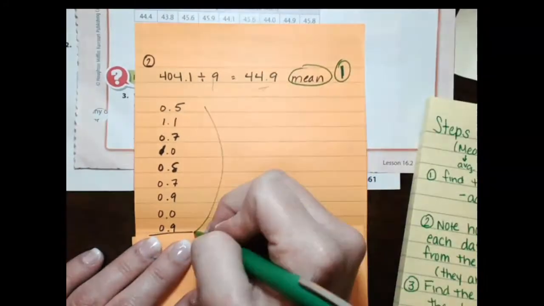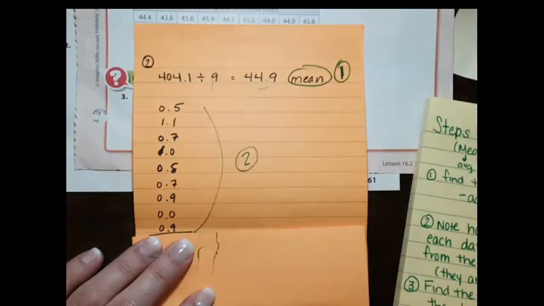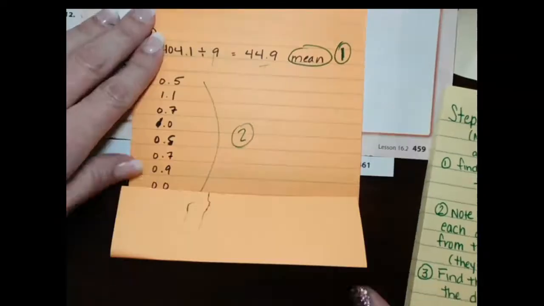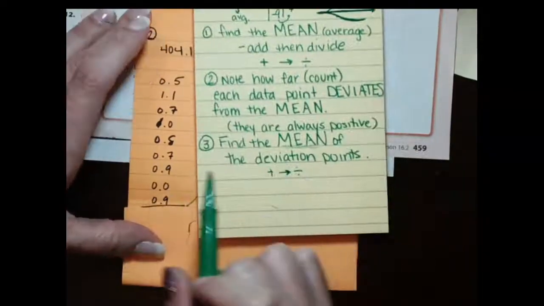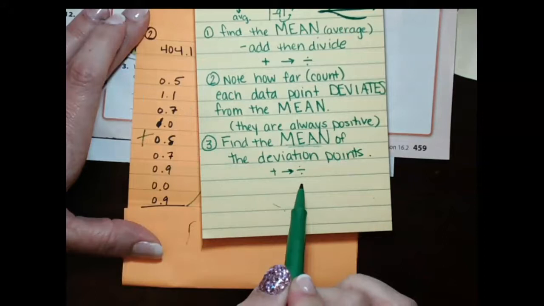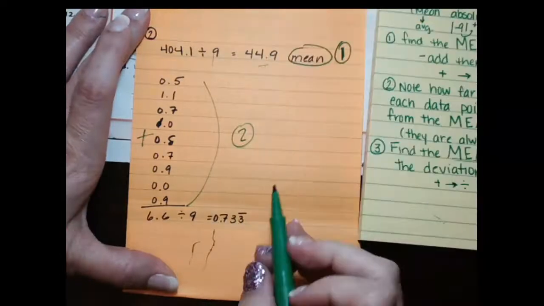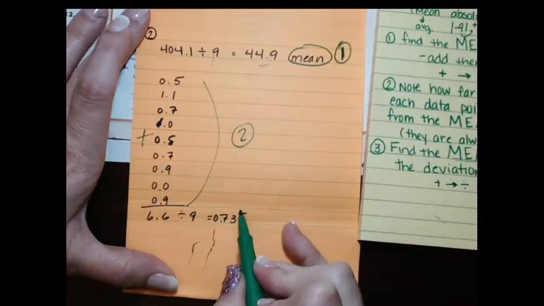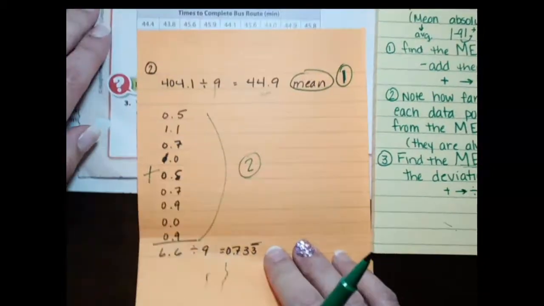This is step 2. Step 3, we're going to find the mean of all of these deviation points, which means we need to add them all up and divide by the total number that's there. So we add them up and we divide it by 9, and we get about 0.733333. You can just do 3 with a little line over it, because that just means that it continues on.